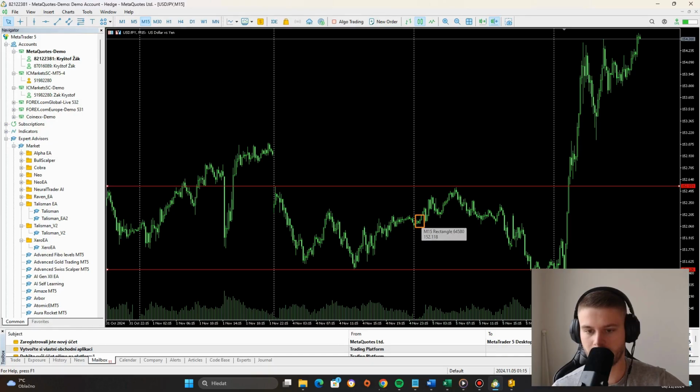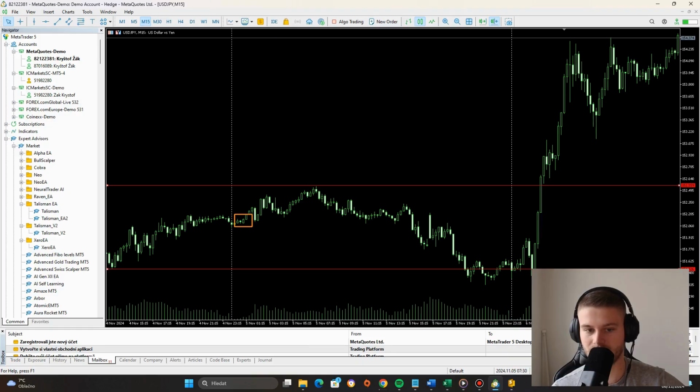So for example, if we place a buy stop here, and as you can see, the price does not go above this price level, this buy stop, which is this red line, will be deleted at the start of a new day. So right here. Okay, so I guess this makes sense.